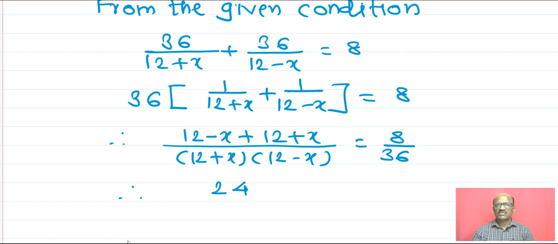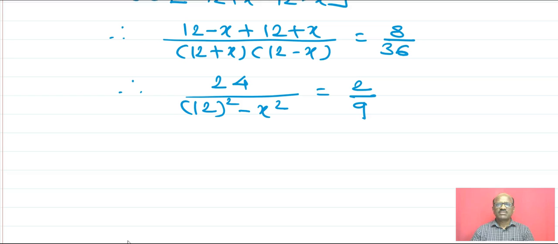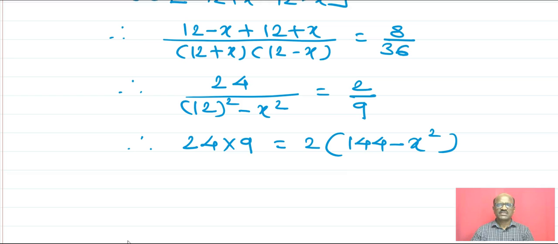That is 12 minus x plus 12 plus x upon 12 plus x into 12 minus x, that is equal to 8 upon 36. Now plus x minus x get cancelled. 12 square minus x square, that is 2 upon 9. And that is equal to 24 into 9 is equal to 2 in bracket 12 square minus x square.